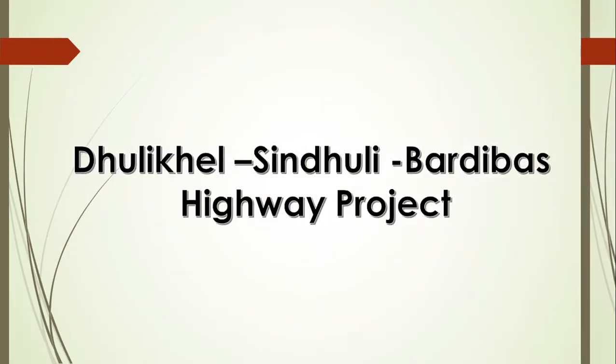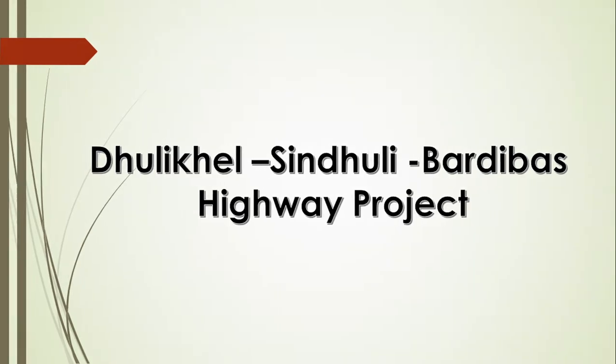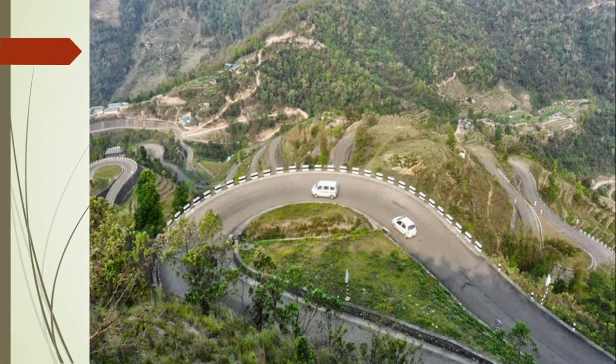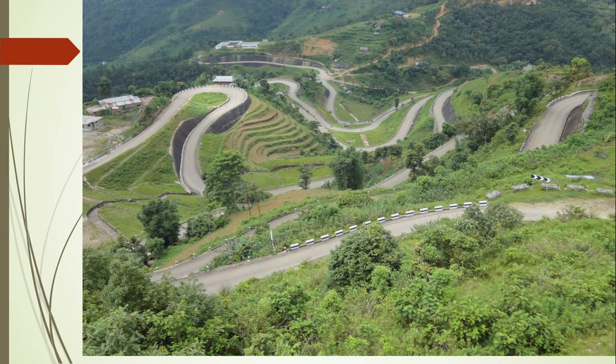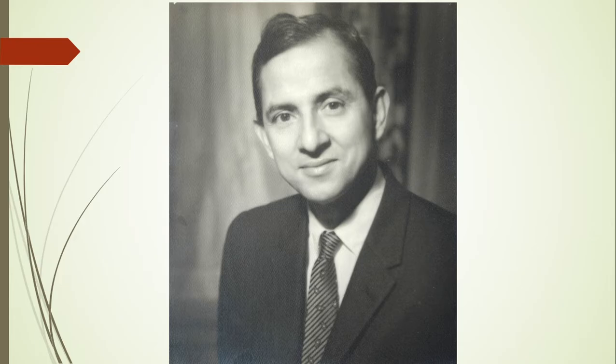Now let us talk about today's last project, Dhulikhel Sindhuli Bardibas Highway Project. The other name of Dhulikhel Sindhuli Bardibas Highway Project is BP Highway. It was named after the first elected Prime Minister of Nepal, Bishweshwar Prasad Koirala.